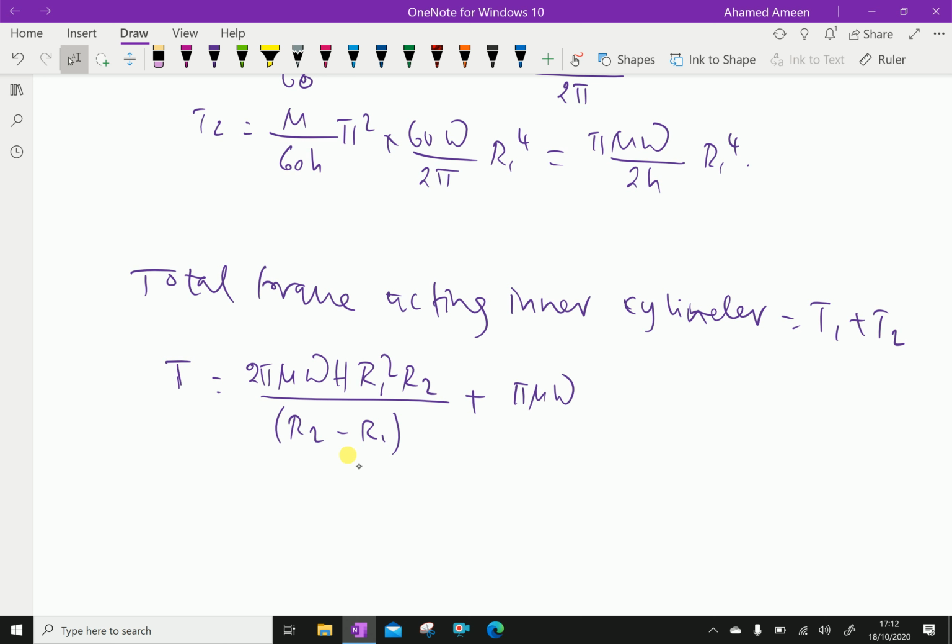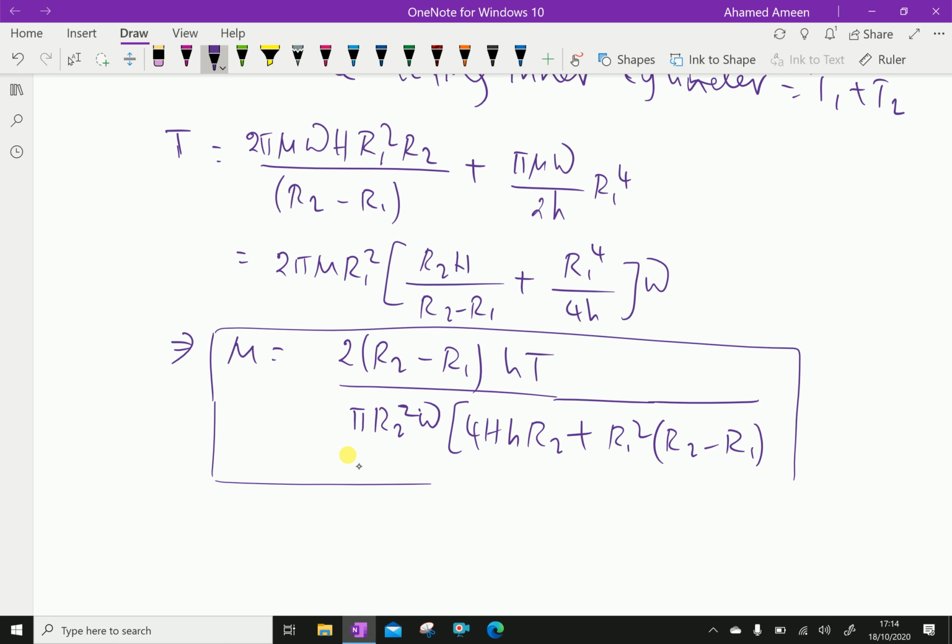Here mu is the viscosity of the oil filled between the two cylinders, and T is the torque measured by the strain of the torsional spring. Therefore both torques together are equivalent to the torque measured by the torsional spring.